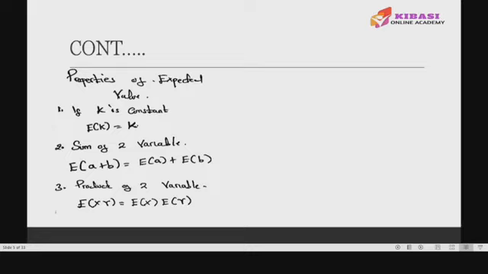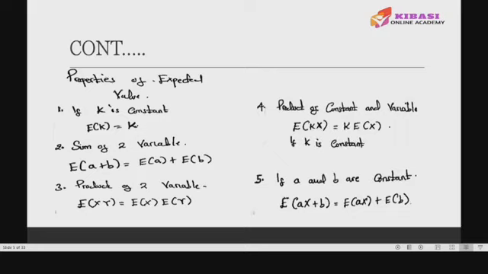Lakini 3, we have product of two variable. When you have product of two variable, expected value xy, then itakuwa ni expected value ya x times expected value ya y. Lakini 4, we have this product of constant and variable.